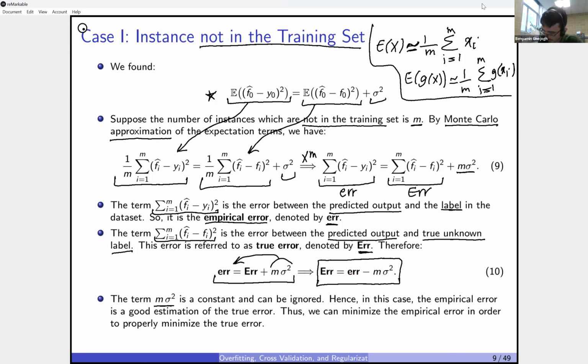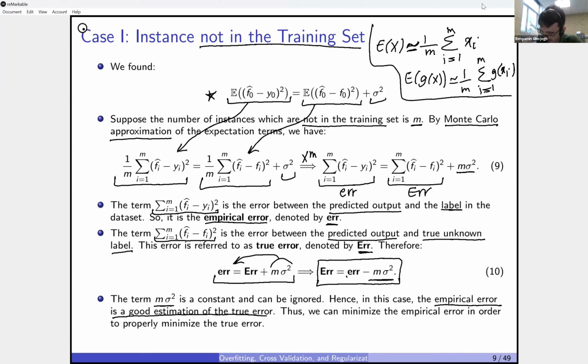Let's ignore that. So we can say in this case, the empirical error is a good estimation of the true error, right? Because this term doesn't depend on the model. It depends on the noise, right? Which we can't do anything about. This constant term doesn't have any f in it or fi hat in it.